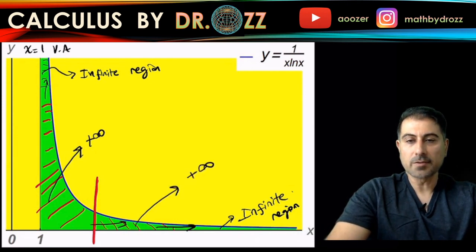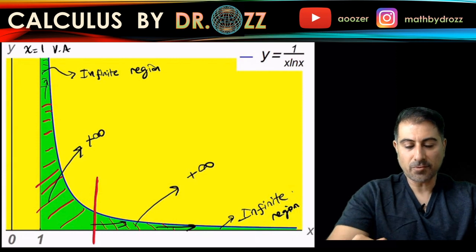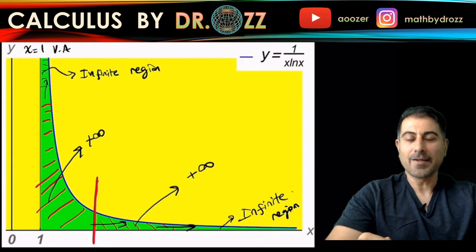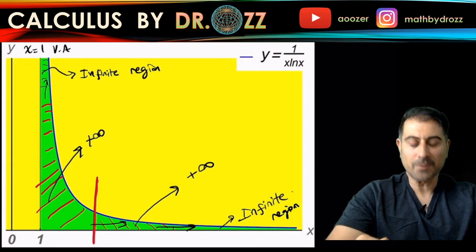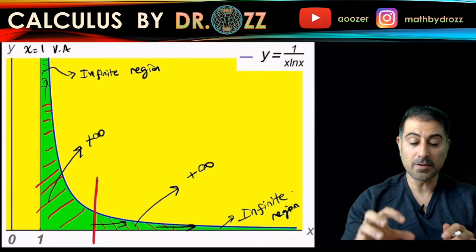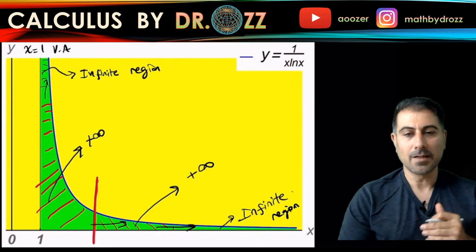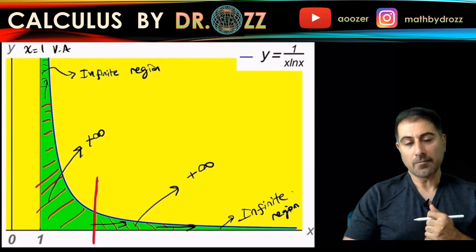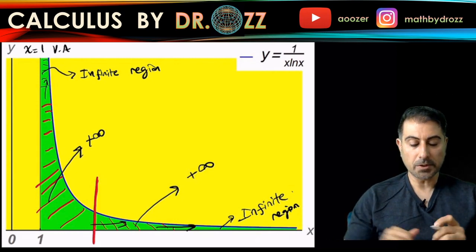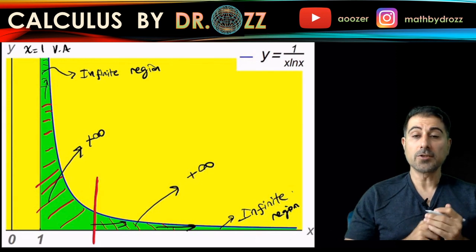But it's a good observation that you have an infinite region ending up with the area being plus infinity, and the same here. These are two different infinite regions, but both turned out to have infinite area. So that makes the whole green shaded region have area infinity.